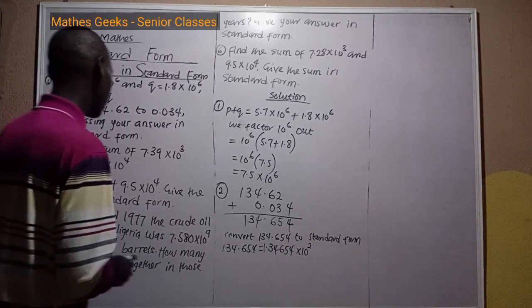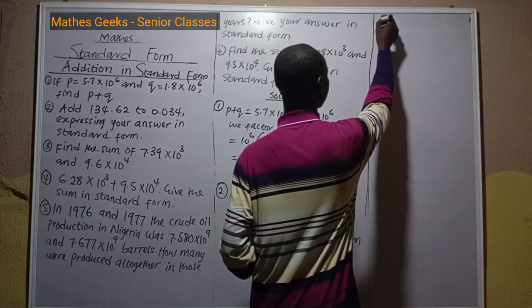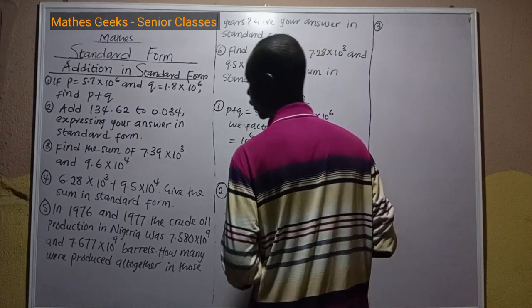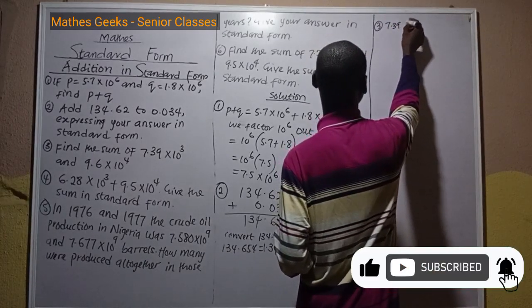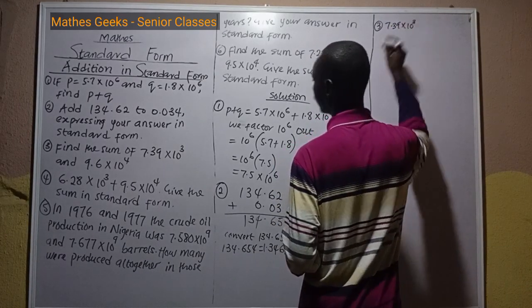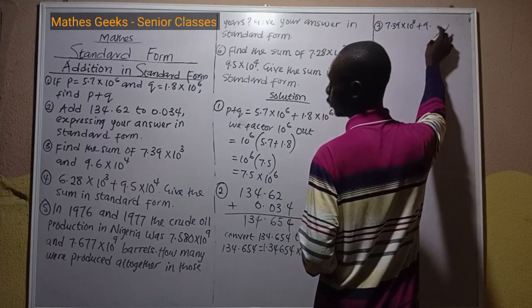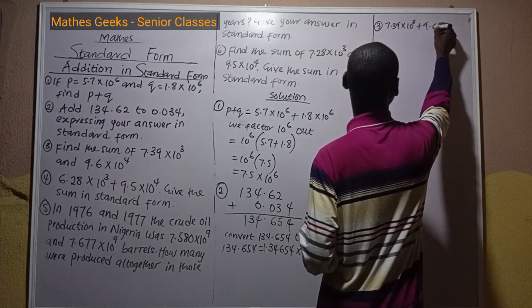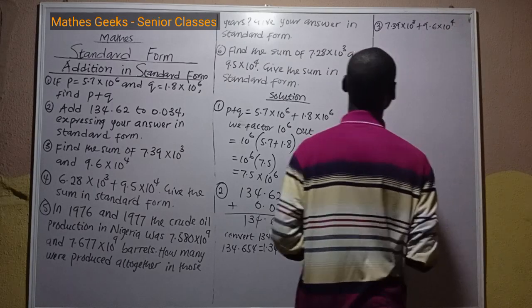So we find the sum of 7.39 times 10 raised to the power 2, plus 9.6 times 10 raised to the power 4.